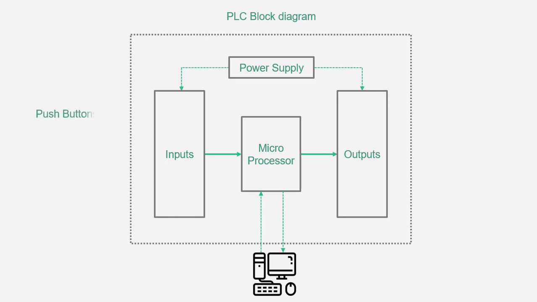Then we will see what type of inputs it will accept. In industry we have different types of inputs which it will receive. Basically the push buttons, limit switches, and different pressure sensors, whatever sensors are generating output, this it will take as input to the microprocessor.